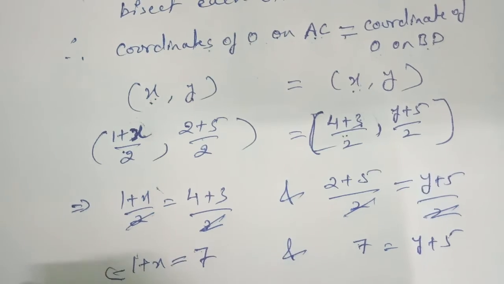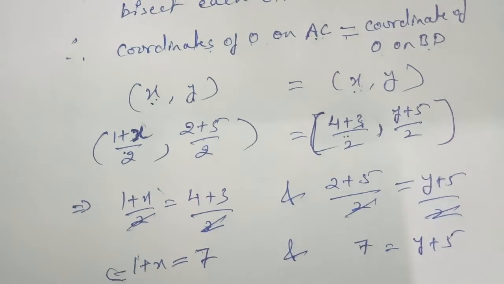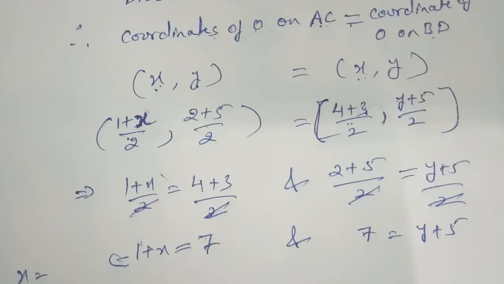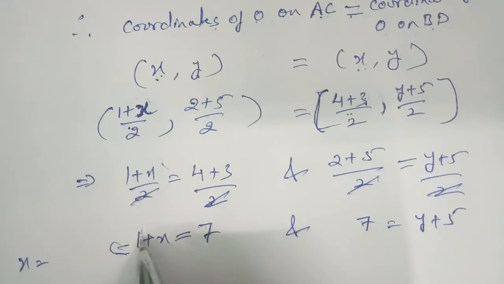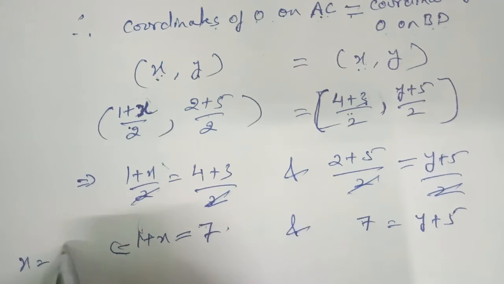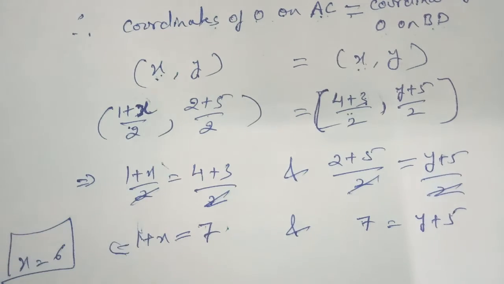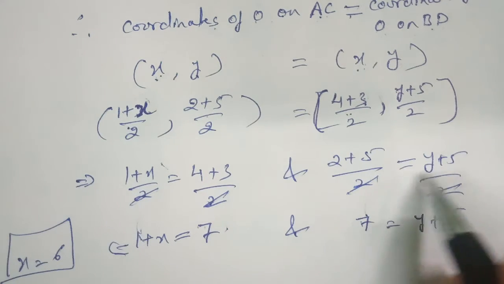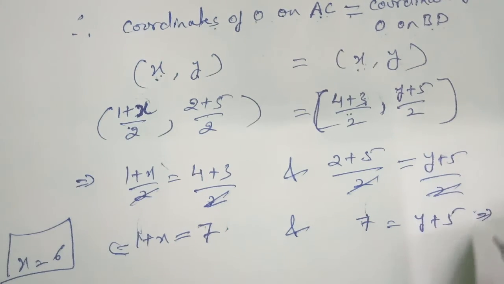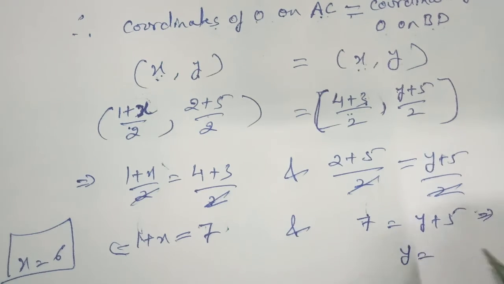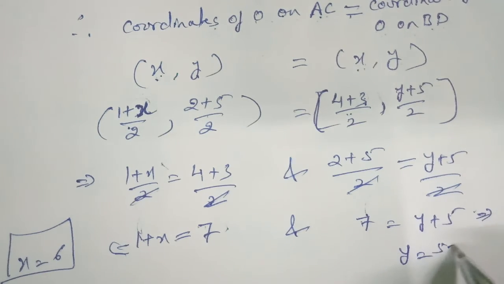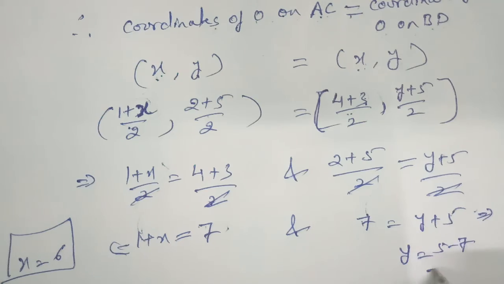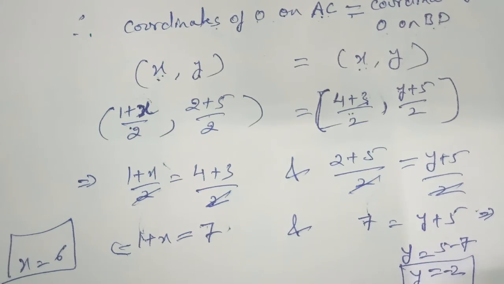The value of x equals 7 minus 1, so we get x equal to 6. And y equals 7 minus 5, so the value of y is 2.